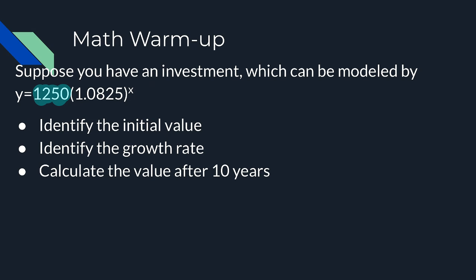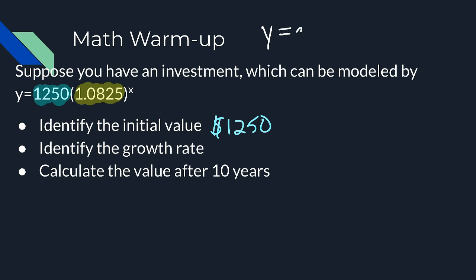So that's the $1,250. And this part is where we find the growth factor. But it's important to remember that when you're talking about an investment, we usually have something that looks like this.